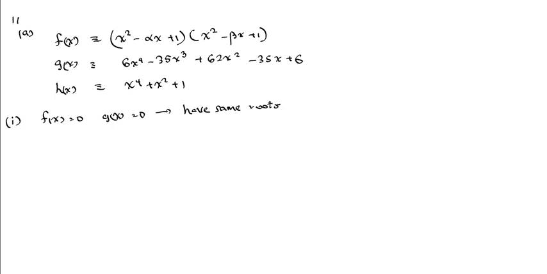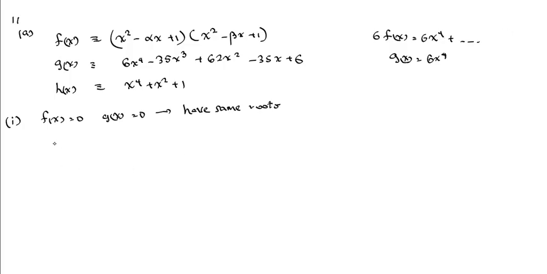Now, if you consider the leading coefficient of g(x) and f(x), if you multiply x to the power 2 by x to the power 2, f(x) will start from x to the power 4. In front of x to the power 4 of f(x), you don't have a coefficient, so f(x) equals x to the power 4 and so on. Now, g(x) is actually 6x to the power 4. Since these have the same root, if you multiply f(x) by 6, this will be equal to 6x to the power 4. Everything will be multiplied by 6.